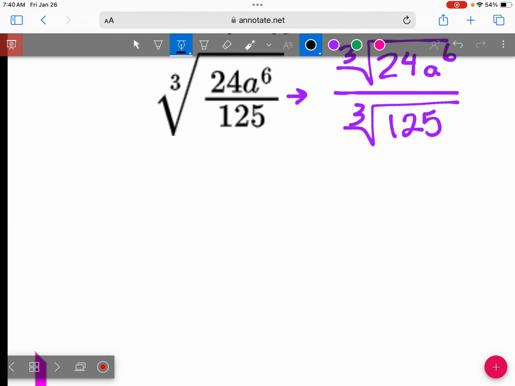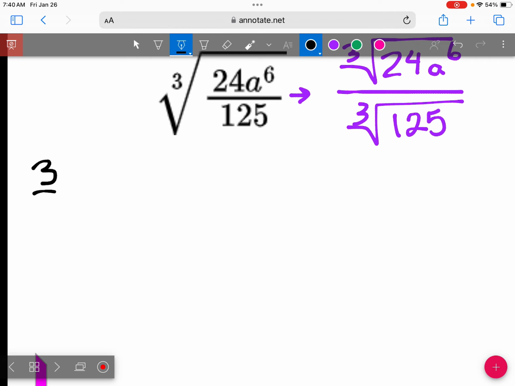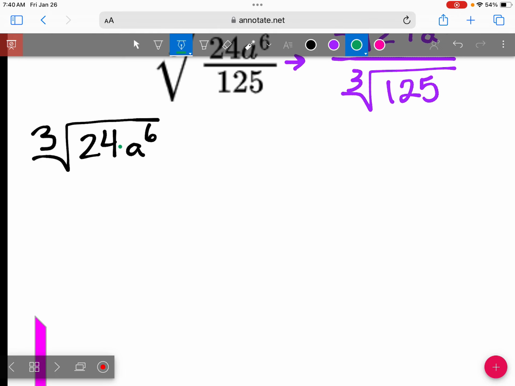Then I'm going to look at each of those pieces individually. My cube root of 24a to the 6th. We're going to do that just like we did the pieces on the last page, where I split it up into a product. The cube root of 24 and the cube root of a to the 6th. My first question is, is 24 a perfect cube?